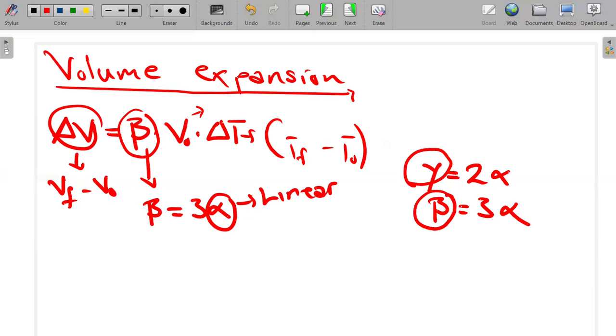We can just say the coefficient of volume expansion, beta, will be equal to 3 over 2 gamma, like this. So that is the relationship between the coefficient of volume expansion and the coefficient of area expansion.